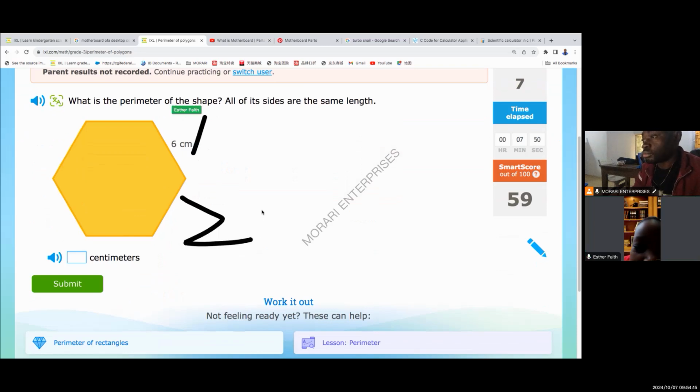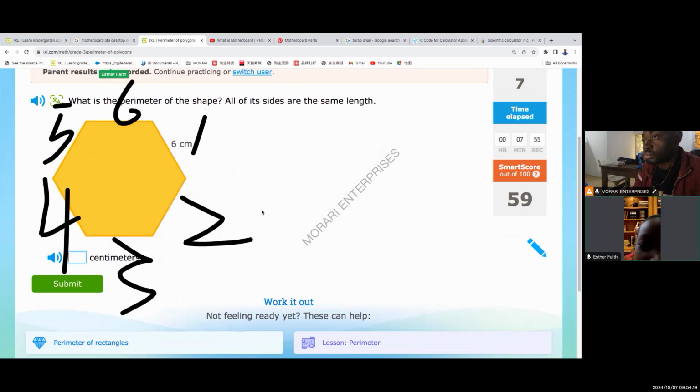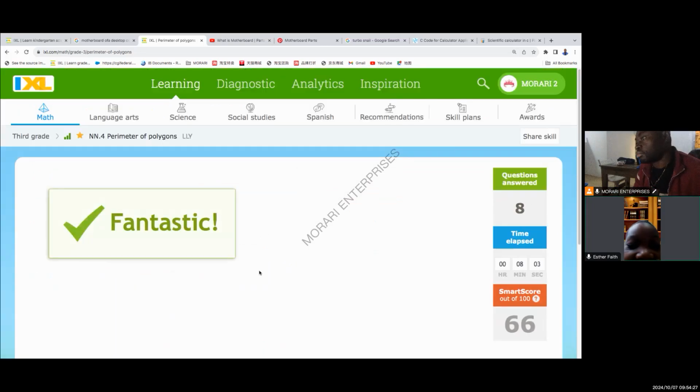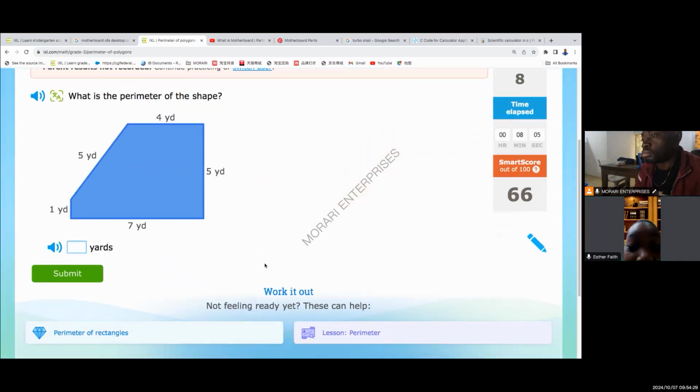1, 2, 3, 4, 5, 6, 36 centimeters. What is the perimeter of the shape? 5 plus 4 yards equals 9.